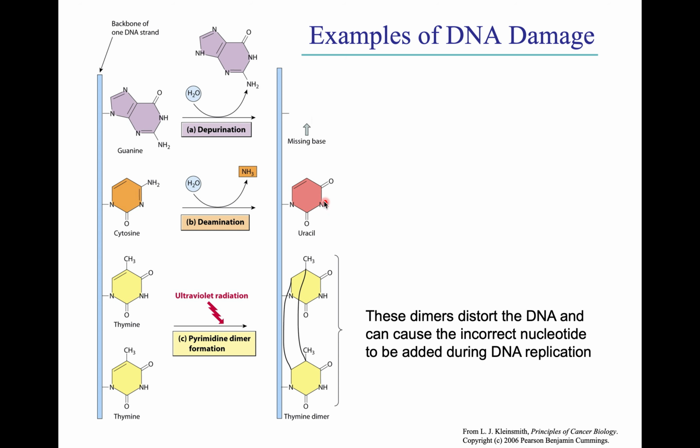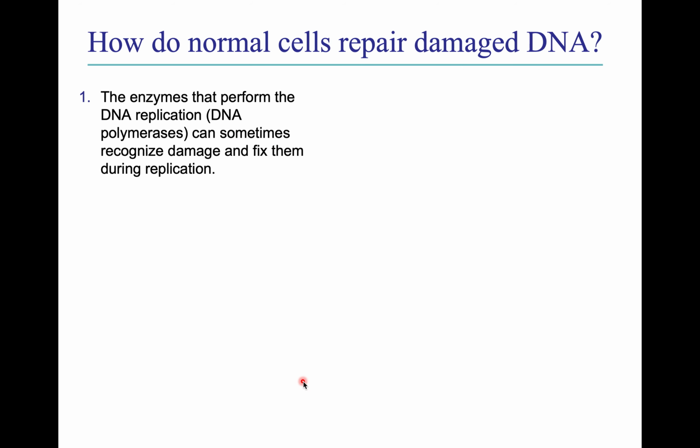It's usually only found in RNA. UV, the energy in UV radiation, we'll talk about later, can cause the formation of these bonds between adjacent pyrimidine nitrogenous bases, or dimers they're often called, that can then distort the DNA and cause problems during DNA replication.